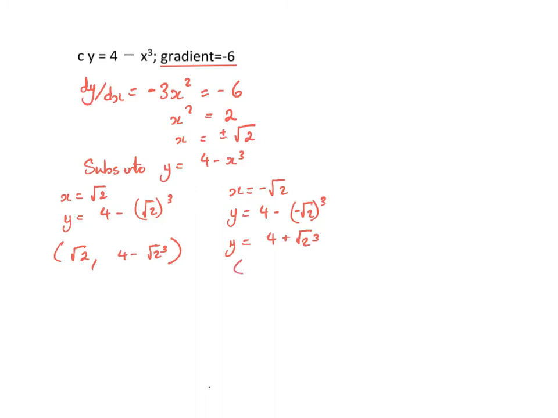And my other coordinate, therefore, is negative root 2. It's my x value, and my y value is 4 plus root 2 cubed. And so they are the 2 points on that graph where my gradient is equal to -6.